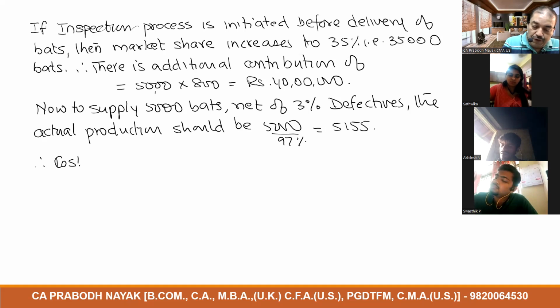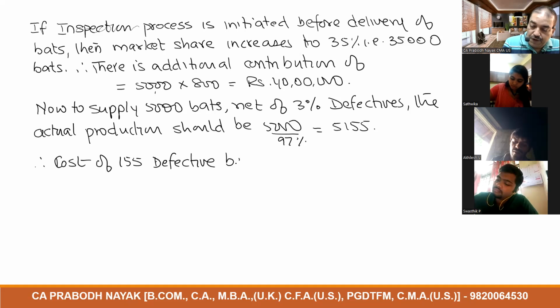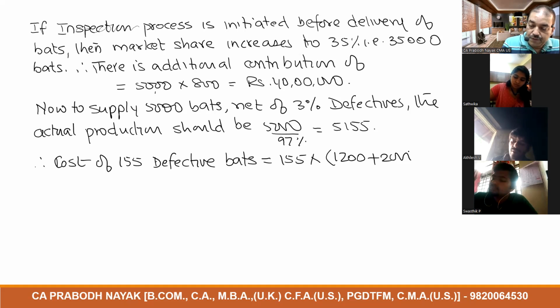Cost of 155 defective bags is equal to 155 into, show in the bracket, 1,200 plus 2,000. That is 4,96,000.